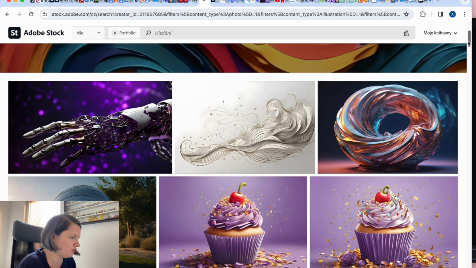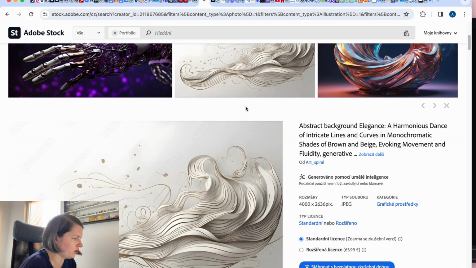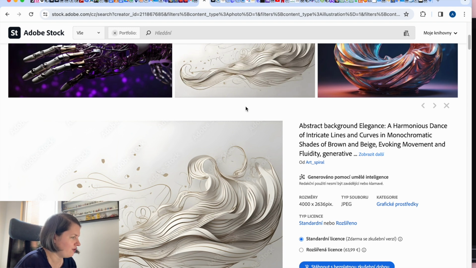in this portfolio. There are some abstract things, so let's just click on it and see the description. Abstract background elegance, a harmonious dance of intricate lines and curves in monochromatic shades of brown and beige, evoking movement and fluidity. Generative AI. Sorry for laughing.